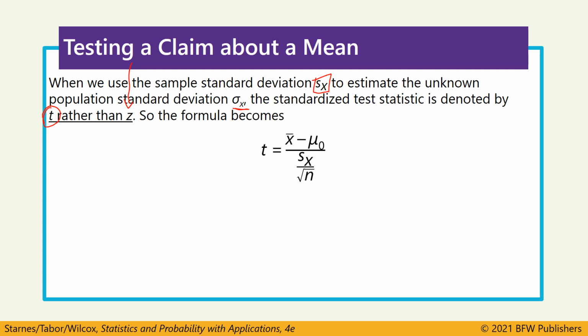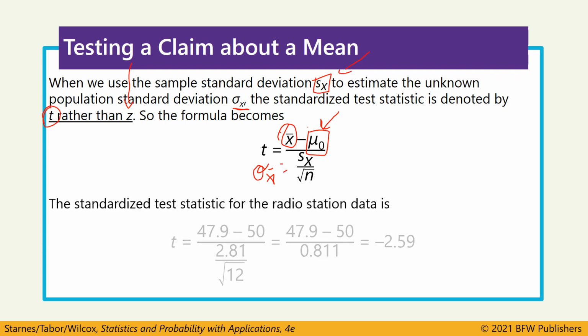So we just take the difference from our sample, we subtract the hypothesized value for the entire distribution, and we divide by that sigma x bar, which is calculated using that sample statistic. So for this problem, we would get a test statistic of negative 2.59.